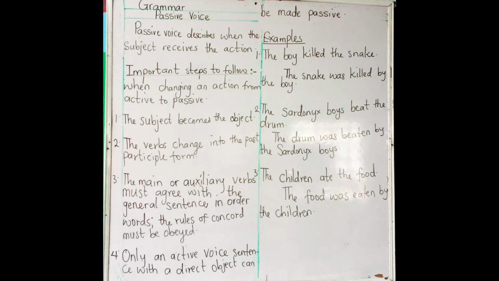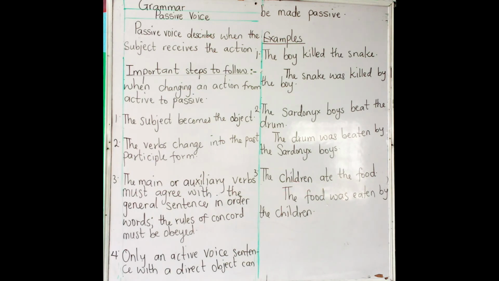So remember I told you, when changing an action from active to passive, one of the rules you need to observe is that the rules of concord must be obeyed. So that rule of concord is being obeyed here. Concord here talks about the use of verbs, the correct use of verbs.